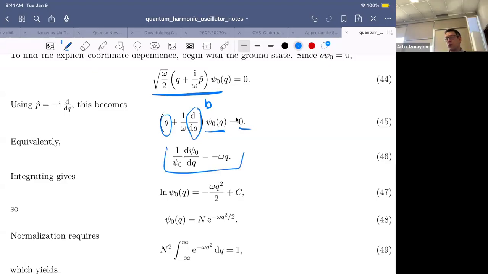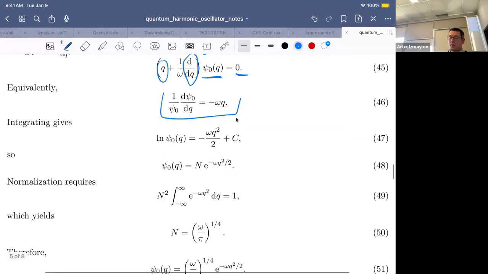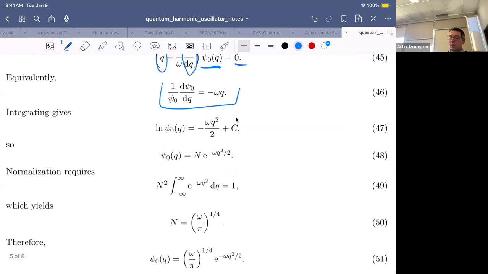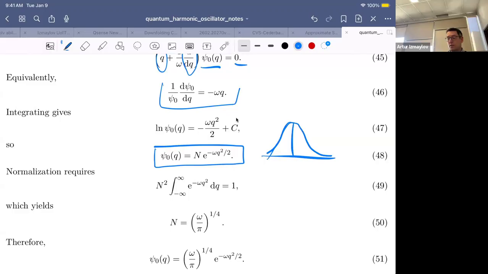And this is very easy to solve. It's a first order differential equation, solved by separation of variables. Then you obtain a function that looks like a Gaussian, with an exponential of q squared.